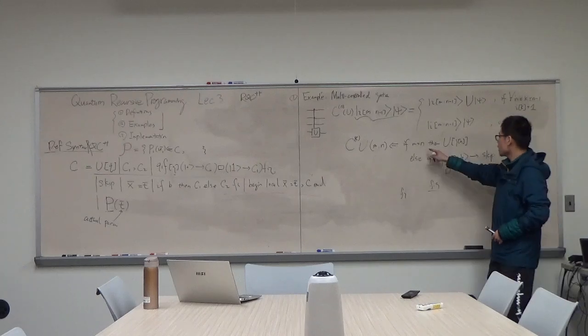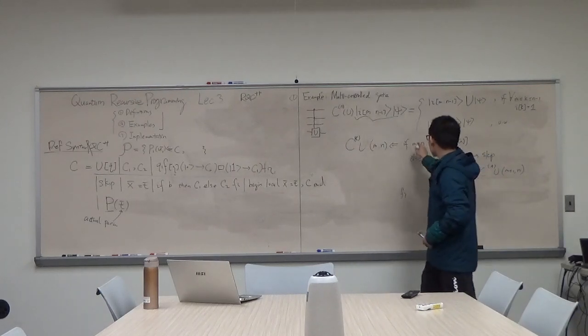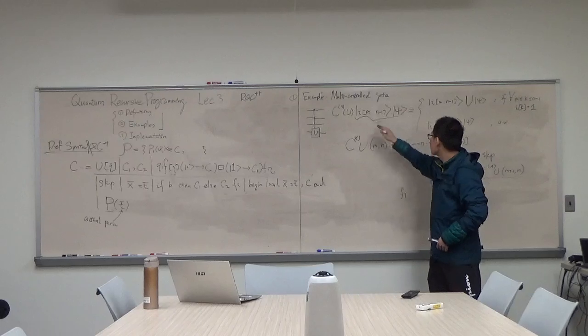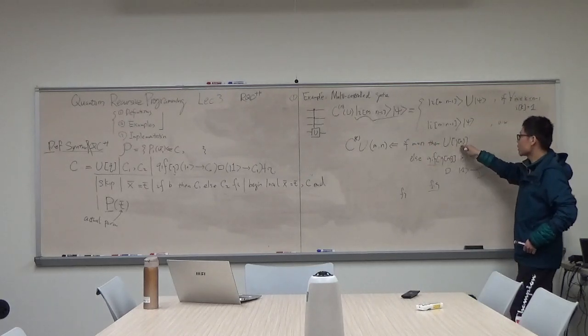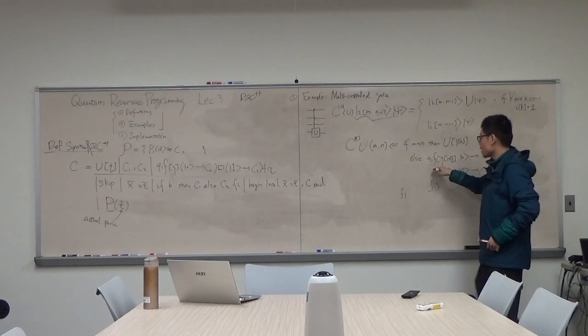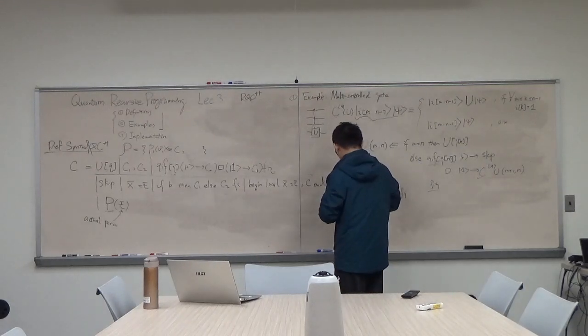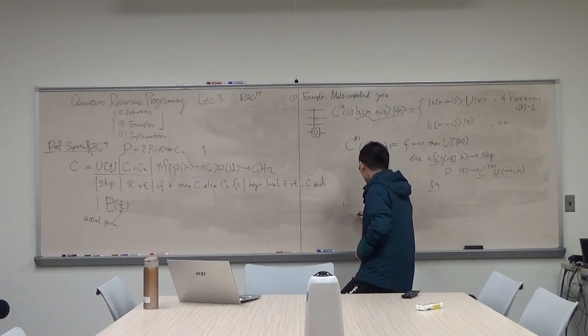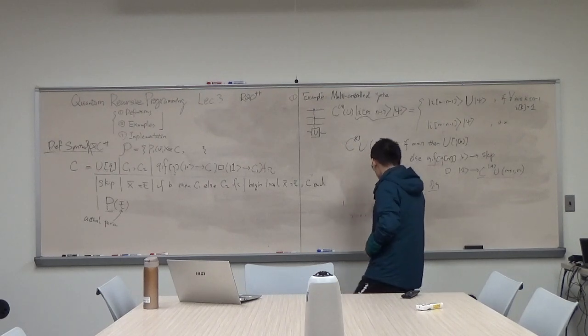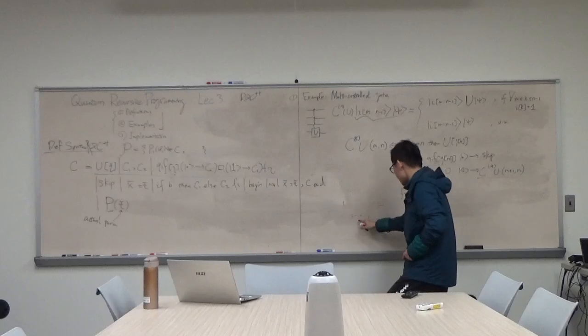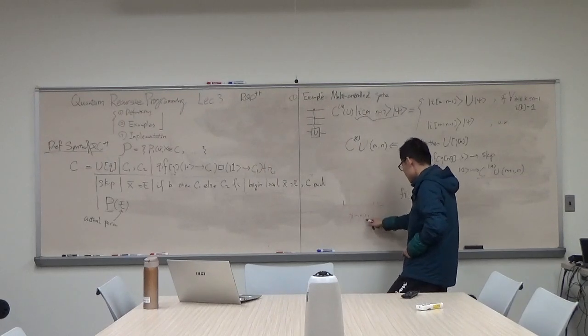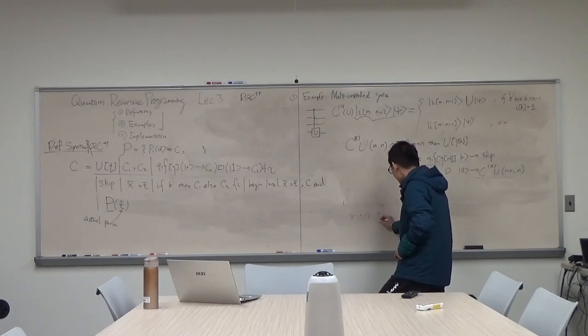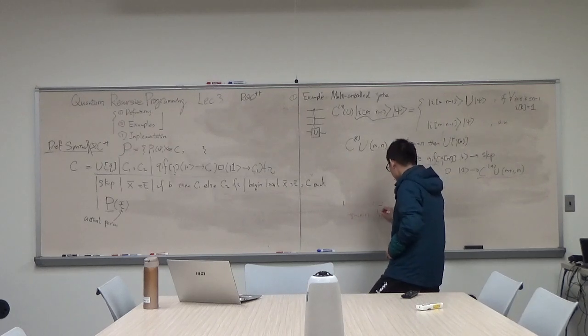So that roughly means when you have m equal to n, then there's no control, so you just apply U on q_n. Otherwise, you have q_m through q_{n-1}, so the first several qubits are for the control, and the last qubit is being controlled.